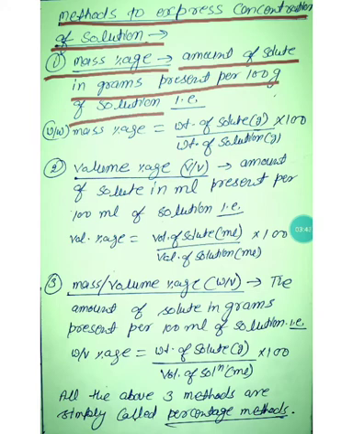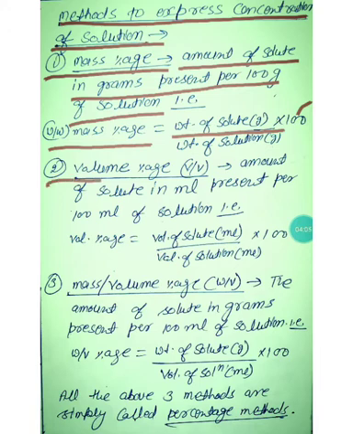It means W upon W, that is mass percentage, will be equal to the mass of solute in grams divided by the mass of solution in grams and multiplied by 100.